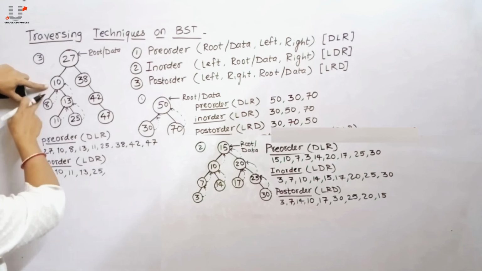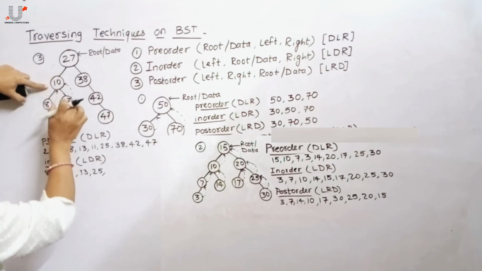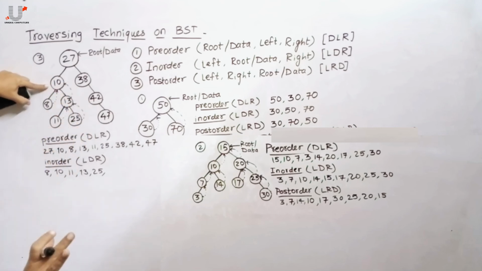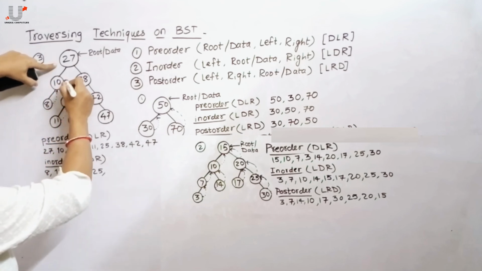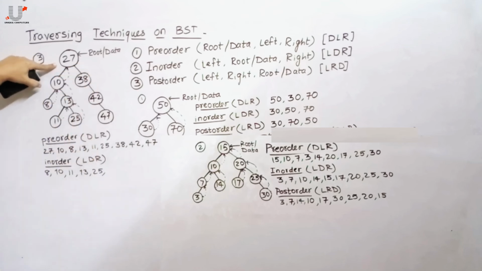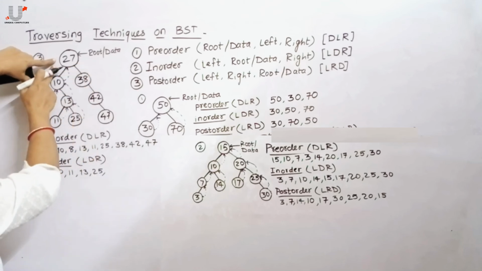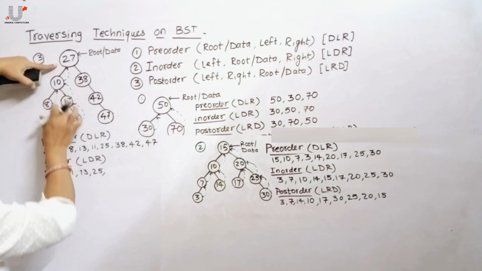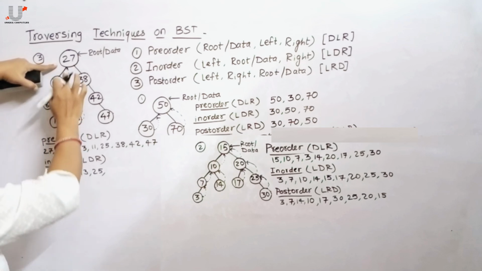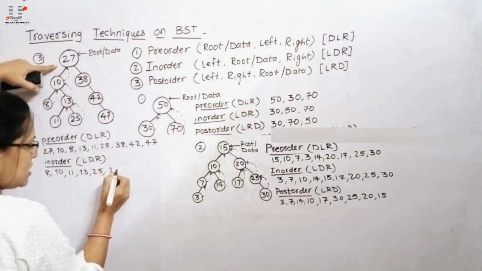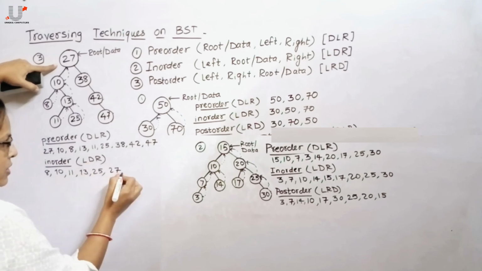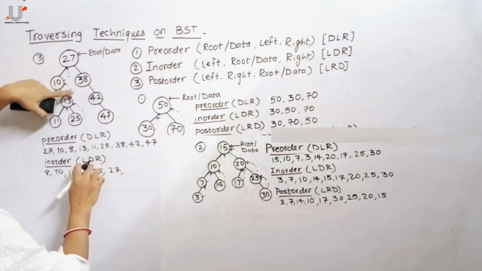For this 10, L, D itself and R have been processed, so control will again transfer to its parent, that means 27. As the left part has already been processed, 27 itself gets processed.